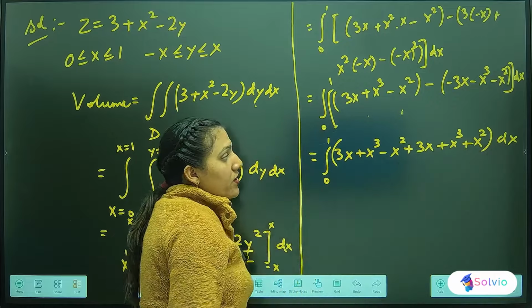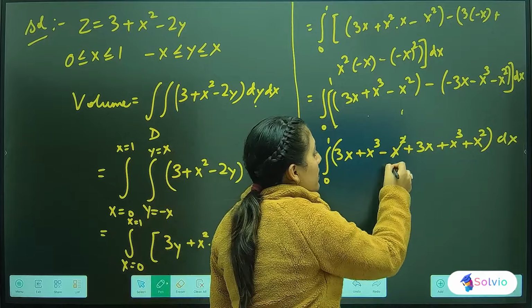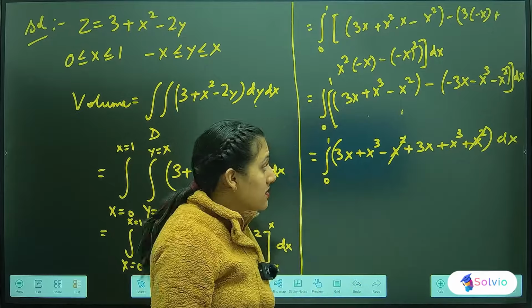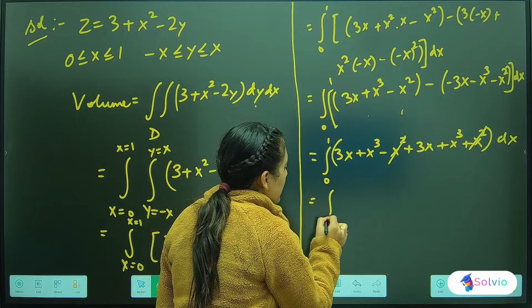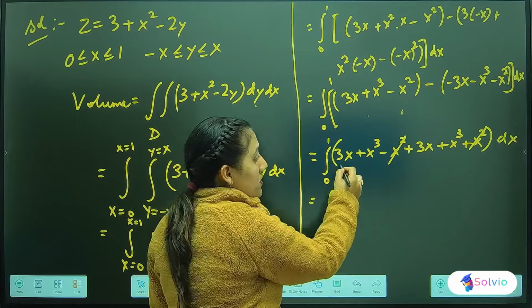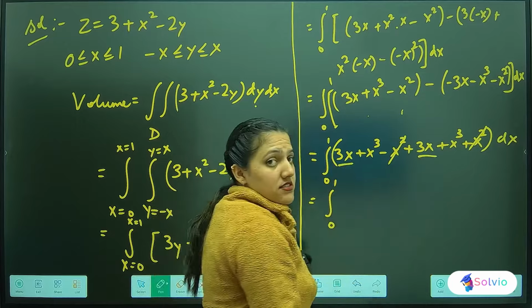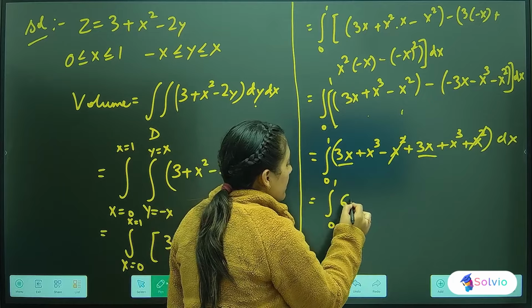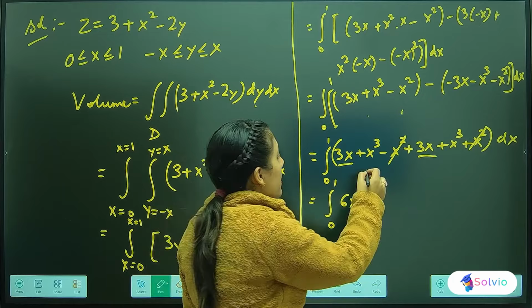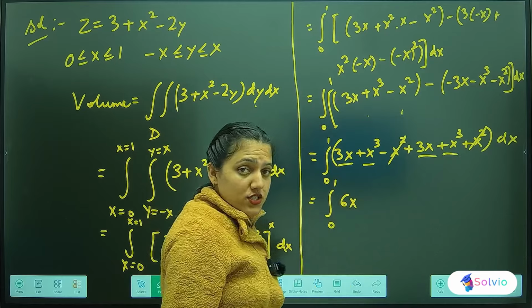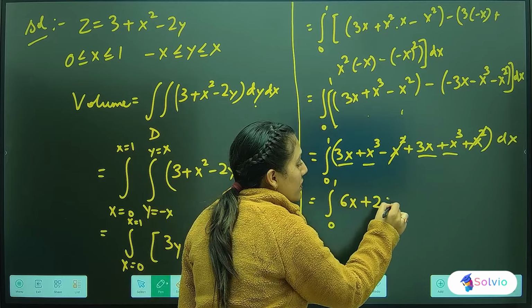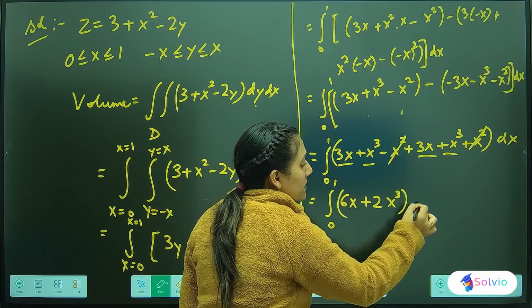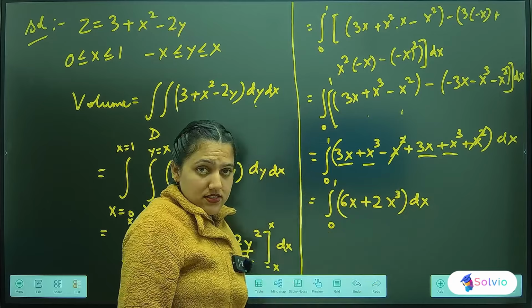Now you can see that x^2 gets cancelled. So it becomes the integral from 0 to 1 of 3x + 3x, that will be 6x, and x^3 + x^3, that will be 2x^3, dx.